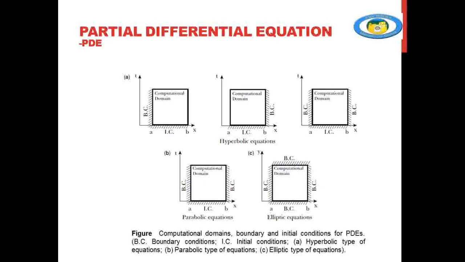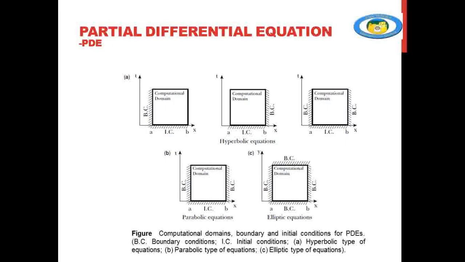Remember, using method of characteristics, the initial conditions are important to fulfill the method of characteristics. But for parabolic equations and for elliptic equations, we need to have boundary conditions, and both the upstream and downstream sides are important.